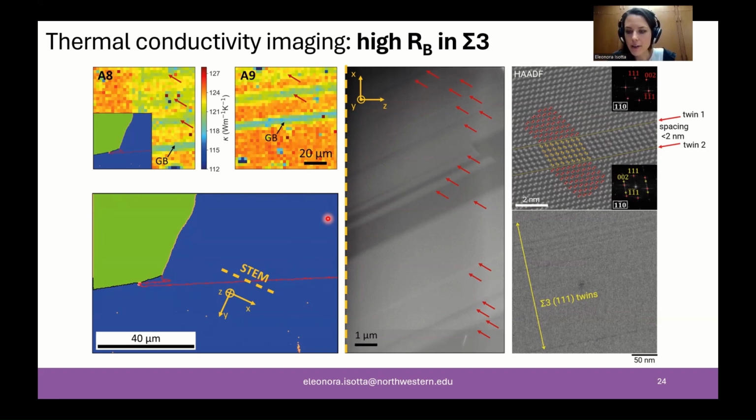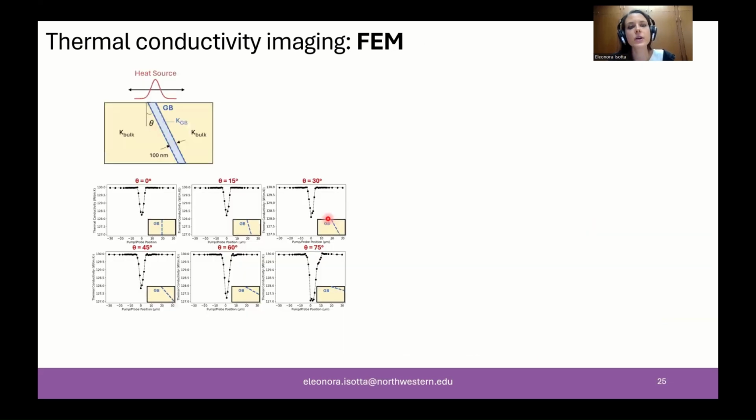Okay, and another legitimate question that one might have is, what is the impact of the angle of the grain boundary plane? So the angle between the plane of the grain boundary and, for example, the sample vertical, because that also is something that may change from boundary to boundary, and that might affect the Gibbs excess estimate of thermal resistance.